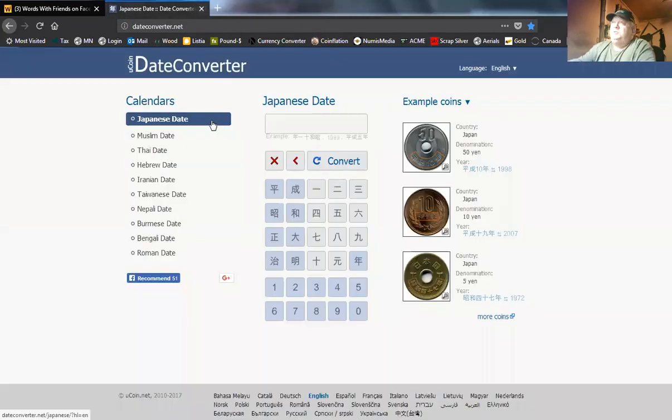Japanese date, right there, boom. These are the symbols. Of course, you've got to have the right sequence, or it will come up saying that's not a date. So as you're looking at the coin, you notice that was in there, and that was in there, and then there was something else.